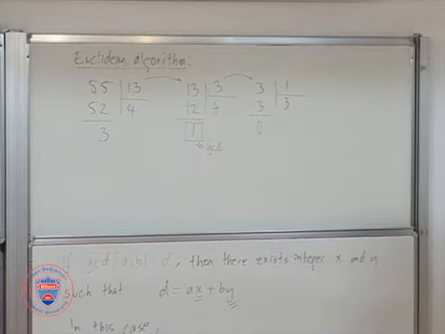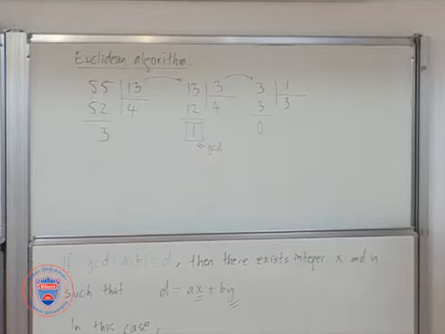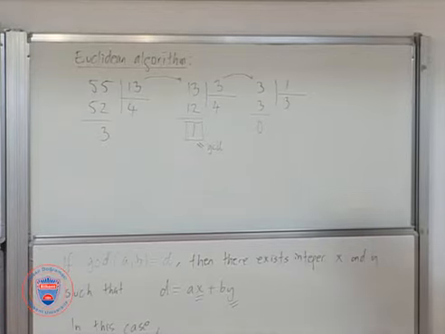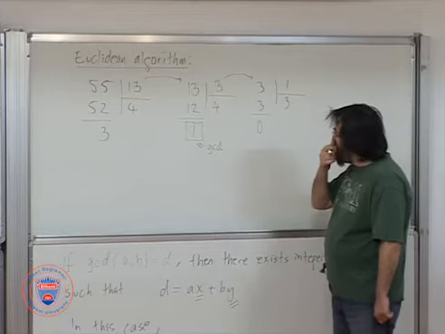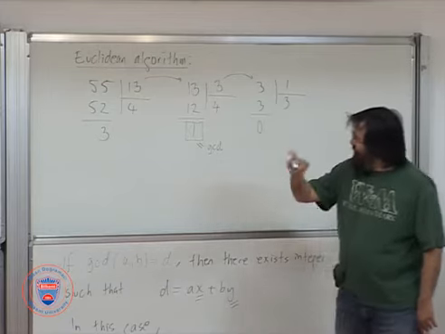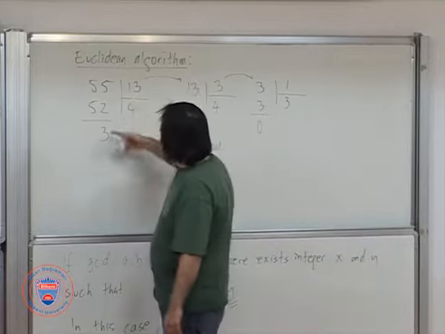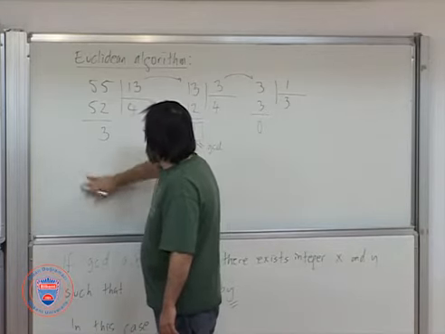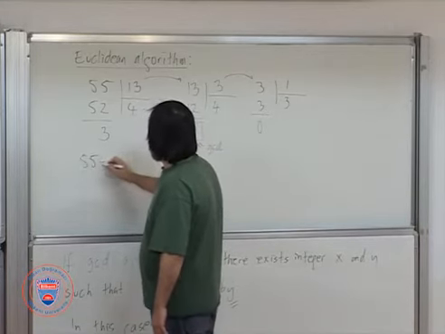Can you in any way use this sequence of divisions to write 1 as a combination of 55 and 13? All remainders are a linear combination of the previous divisor and the dividend. So the suggestion is, because we have this division relation, this gives us equations.